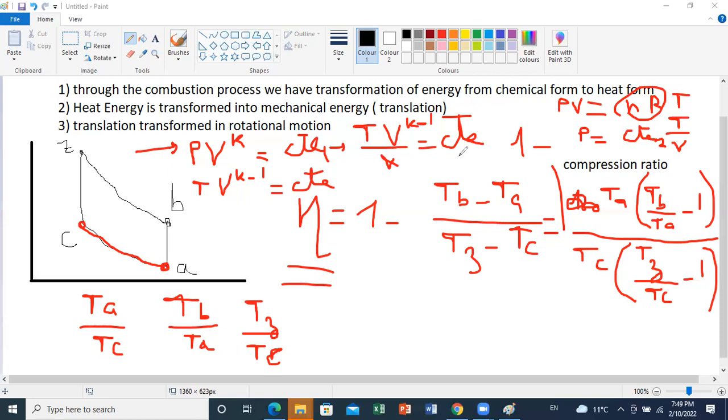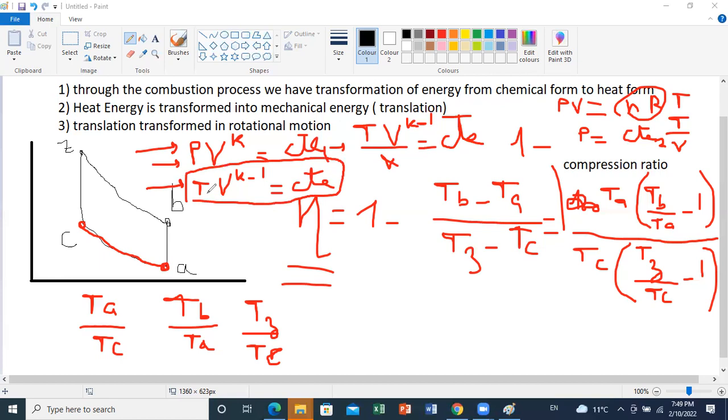So for an adiabatic process, you can use this relation between pressure and volume, but also you can use this one between temperature and volume. So this will help you to relate TA and TC. Why? Because A and C are 2 points of an adiabatic process. So now you can use this relation to relate their temperatures.